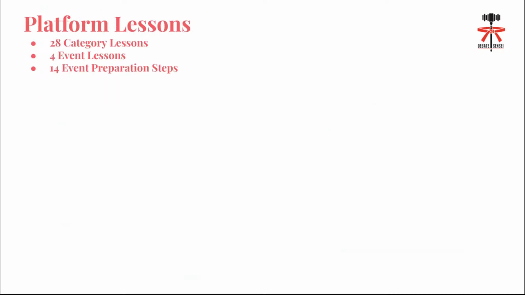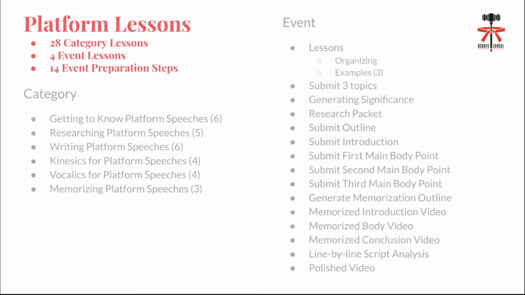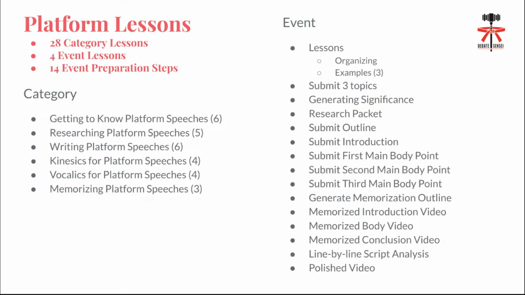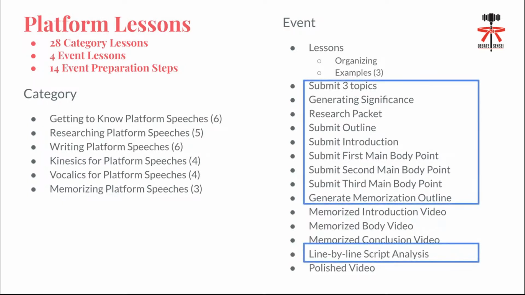The platform category has 28 lessons. Too many to list here, so you could see them numbered by the units. There are several lessons before you get into the event preparation steps, but you can see in the platform events like persuasion and informative that there are more written assignments than you would get in an oral interpretation event.